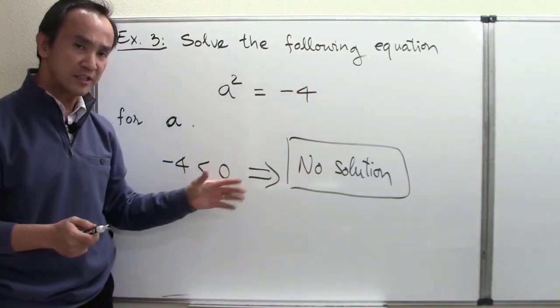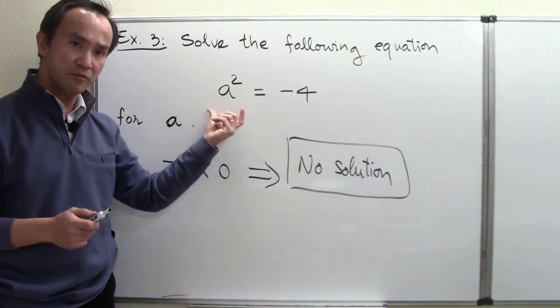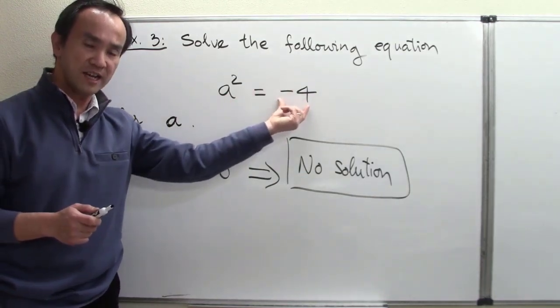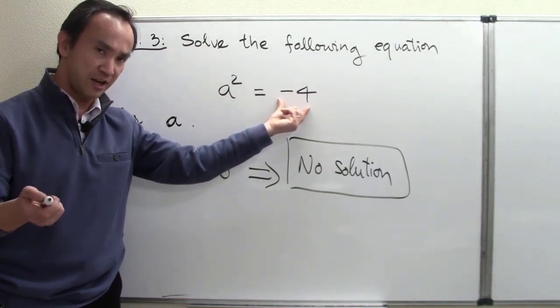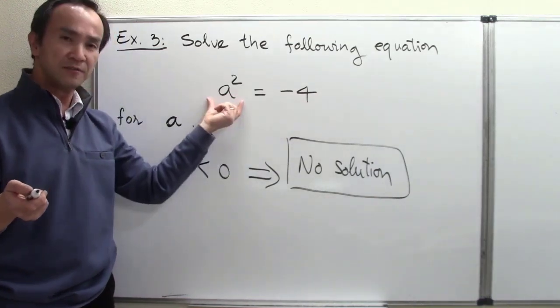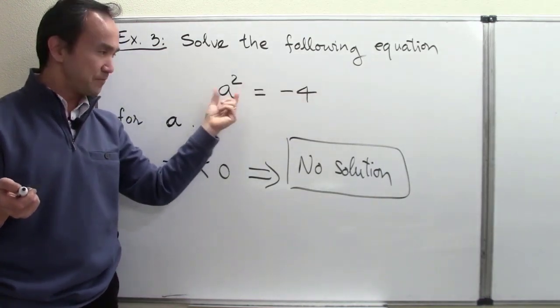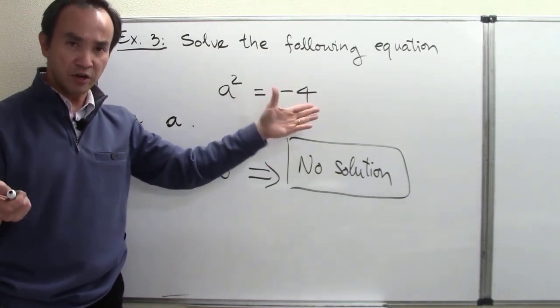But I brought this in simply to emphasize that in order to apply the square root property, it is strictly required that the value on the opposite side, the side opposite from the squared expression, must be a non-negative value, 0 or higher.